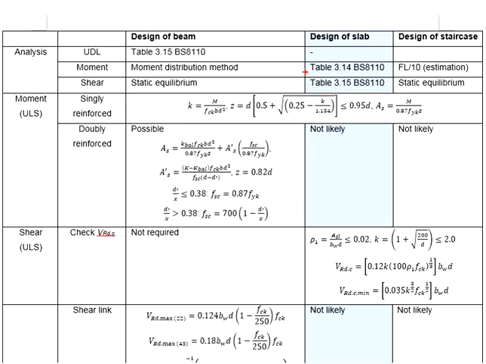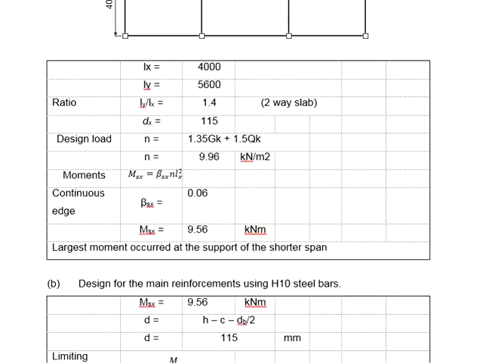Also, you need to know that these two tables here are meant for the two-way slabs. A slab is considered two-way when its Ly per Ls ratio is less than 2.0. Exceeding 2.0, we will assume the slab to be one-way.